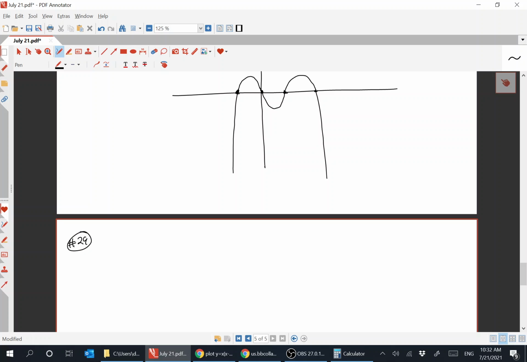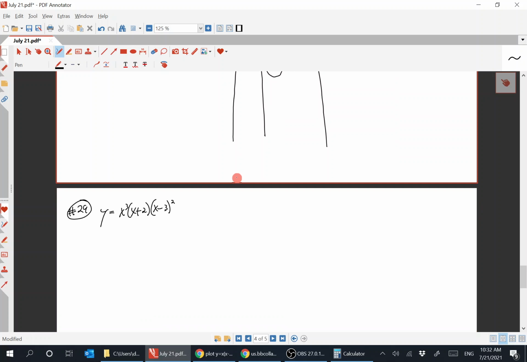In number 29, x to the third times x plus 2 times x minus 3 squared. So with this one, the x-intercepts are at x equal to 0, minus 2, and 3.